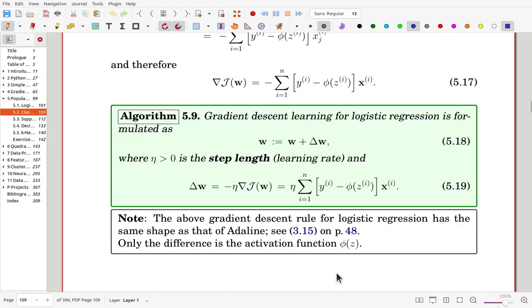And that has the same shape as that of the other rule. The only difference is that, rather than the identity function, we are using the sigmoid function. That's the only difference from the other rule.